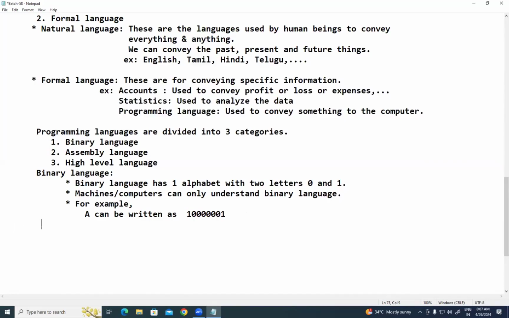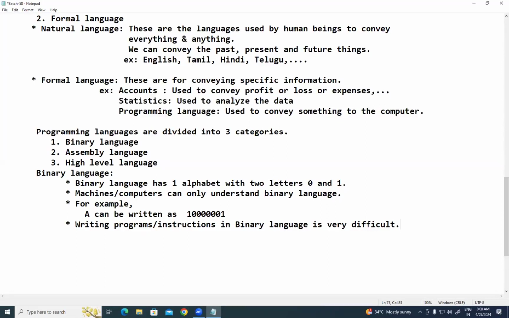So writing programs or instructions in binary language is very difficult. That's why we are not directly writing the programs or instructions in binary language.